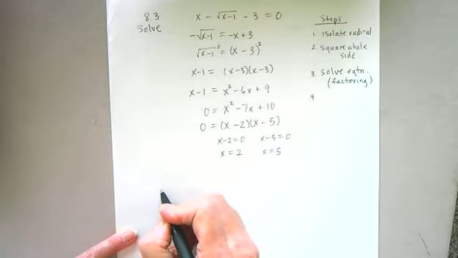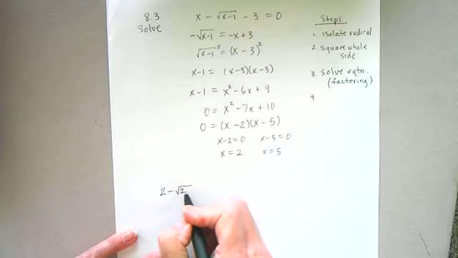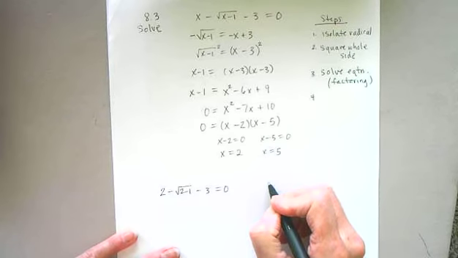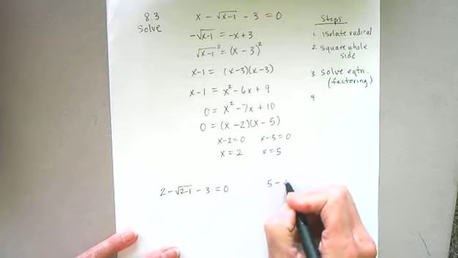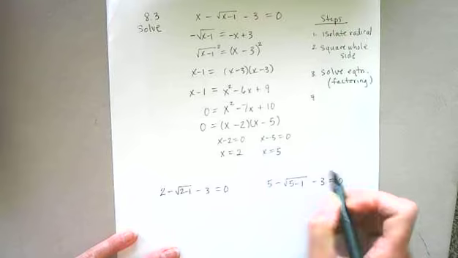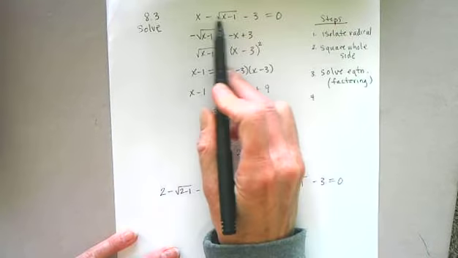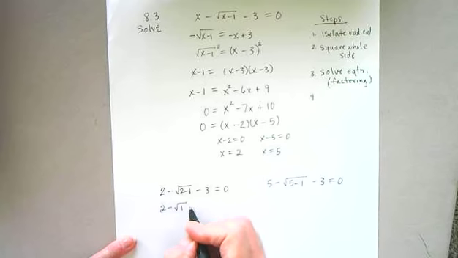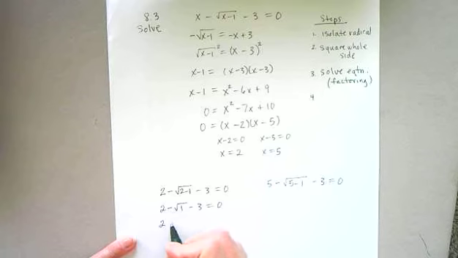So I'm going to have 2 minus the square root of 2 minus 1 minus 3. And we're going to see if that's true. And then I'm going to check 5. 5 minus the square root of 5 minus 1 minus 3 equals 0. So just putting those in wherever you see the x and checking it. So I have 2 minus the square root of 1 minus 3 equals 0. And we know that the square root of 1 is 1.